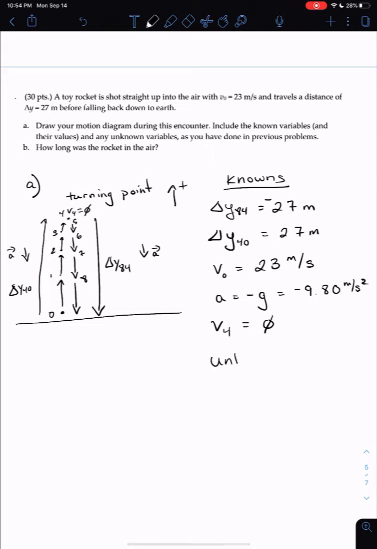And then my unknown for this problem, the thing the problem is asking me to do, is how long was the rocket in the air? So that's the total elapsed time for the object, which we'll mark as 80 here. Although now that I'm looking at it, they should be more like 9s, but I think you get the idea at this point.